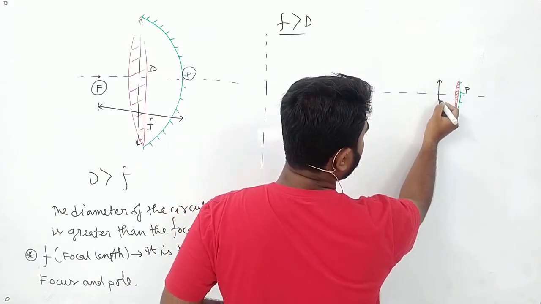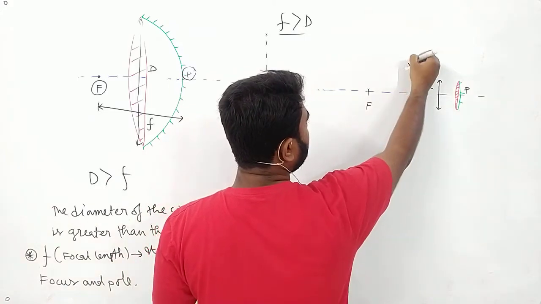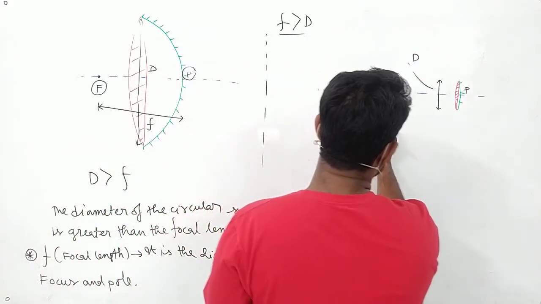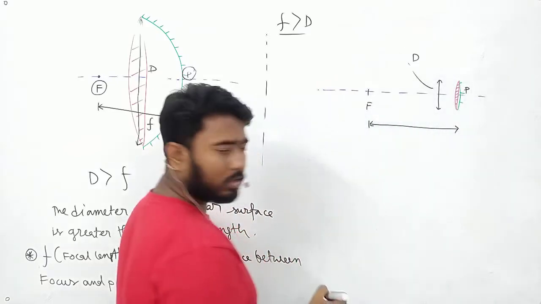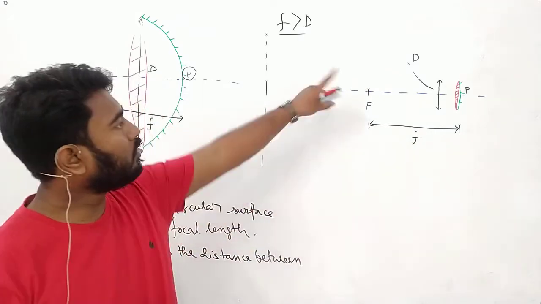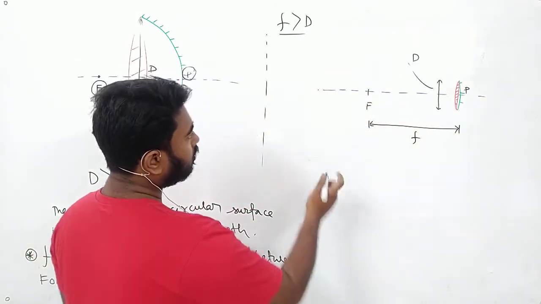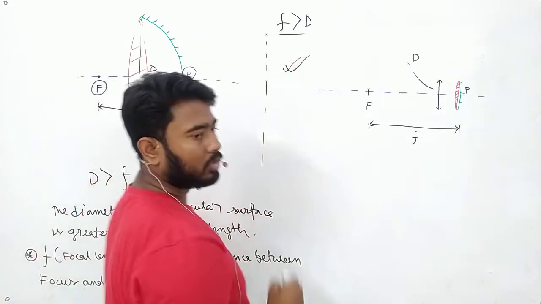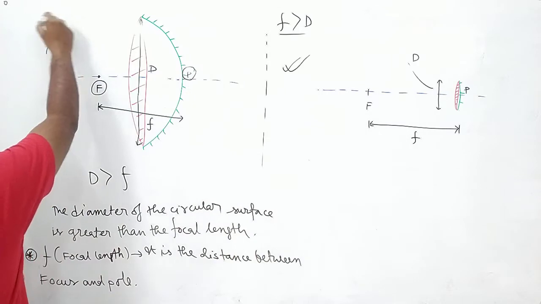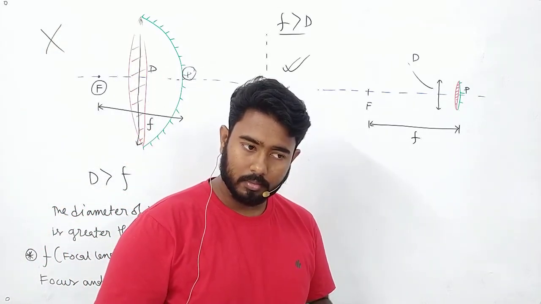This much, right? If I take this diameter as D, what is the focal length? From here to here, it is F. Is the focal length greater than the diameter? Yes. So we can consider a mirror like this. We cannot consider a mirror like this. Is that clear?